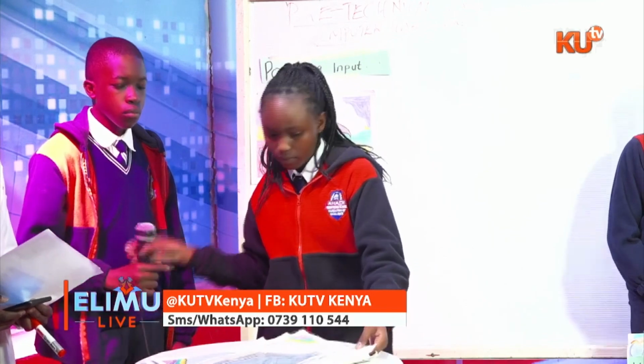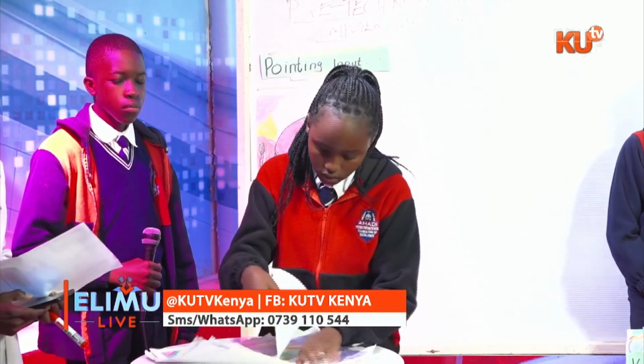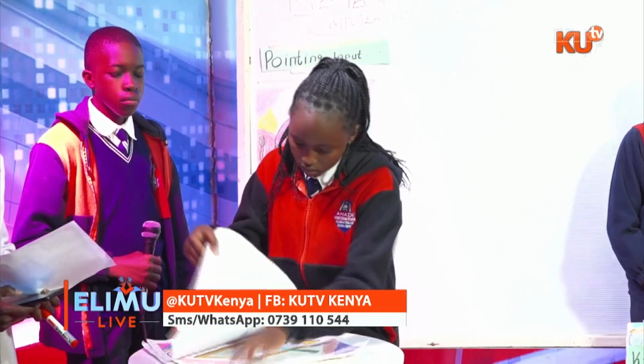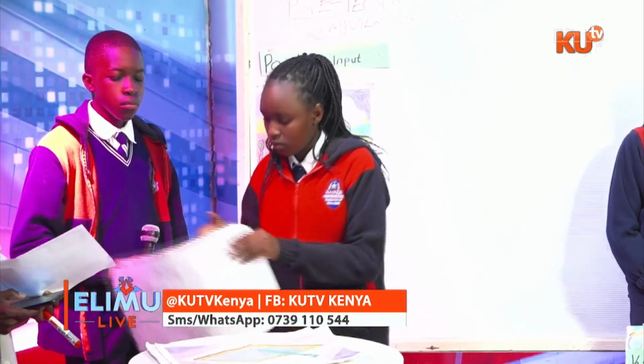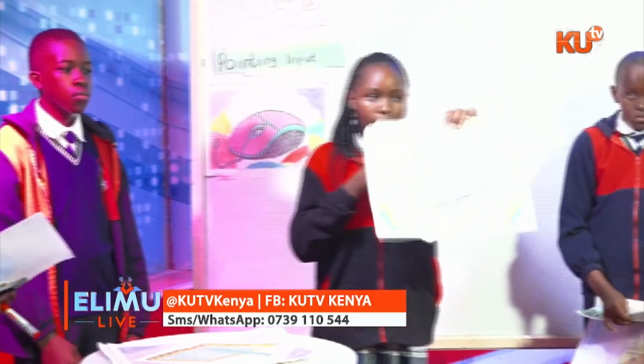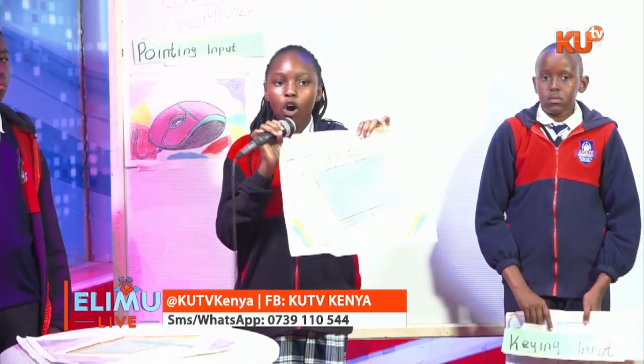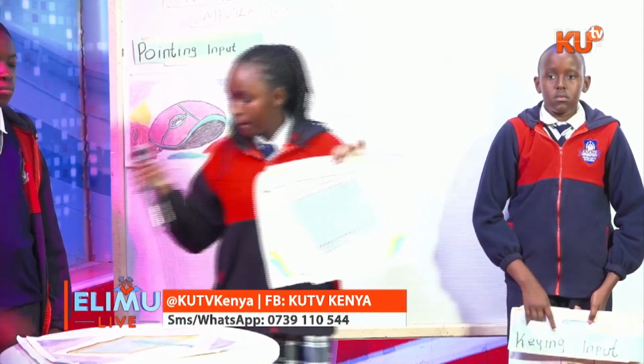Number 2, we have the touchpad. This is a touchpad, and it looks like this. It is available on a laptop. It is used instead of a mouse to control the cursor or pointer on a screen.